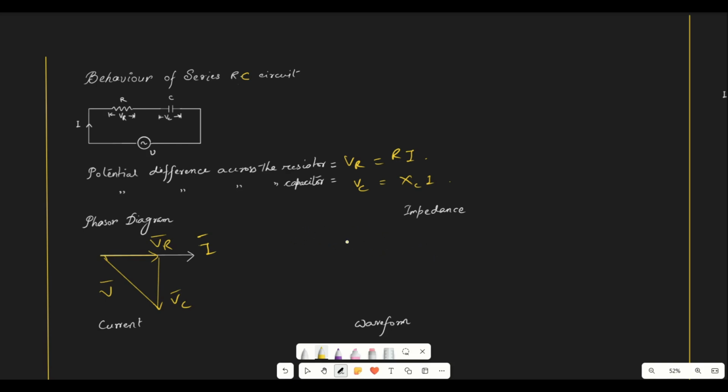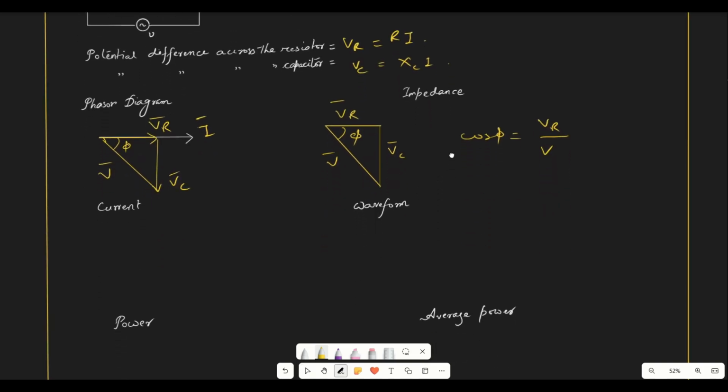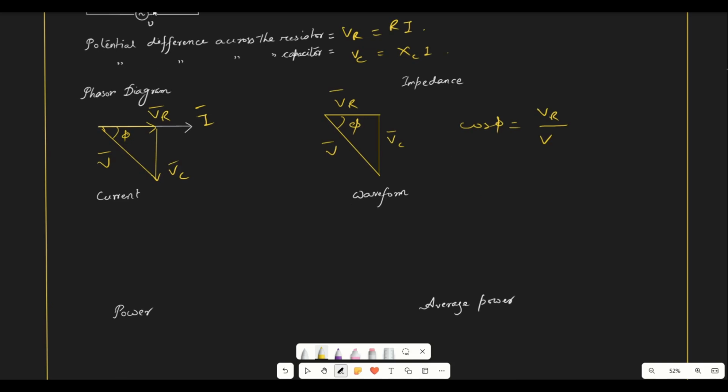Now from this, if you draw the voltage triangle, it will be like this. This is the angle phi. Here we have cos phi as VR by V. Like this we can also determine the remaining values for current waveform, power and average power.